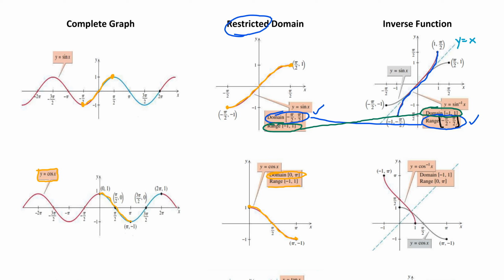Then, if we take the graph of this piece of the cosine wave with its restricted domain, and we reflect it across this identity line, we obtain the graph of the inverse cosine function.